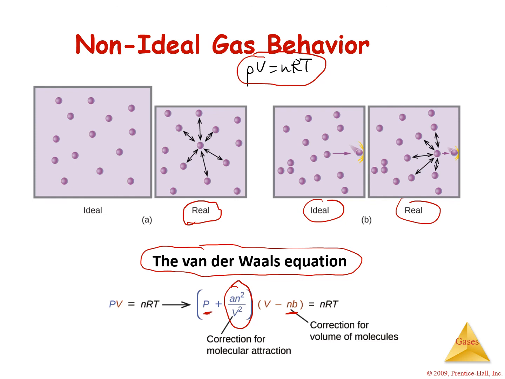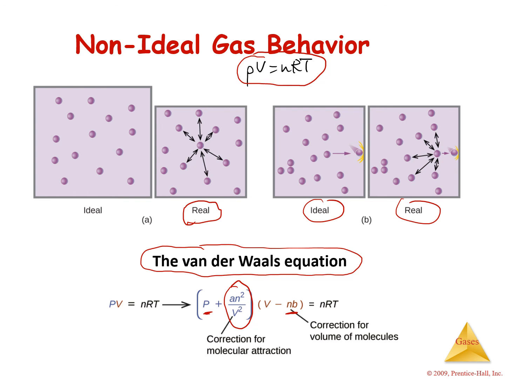But the van der Waals equation accounts for these corrections, and that's very much what it is. I will not be asking you on the exam for that van der Waals equation.